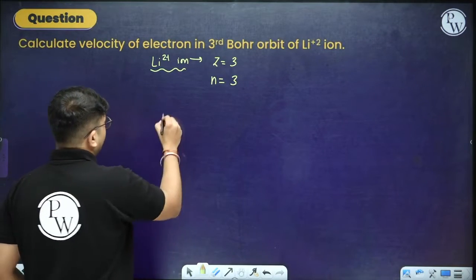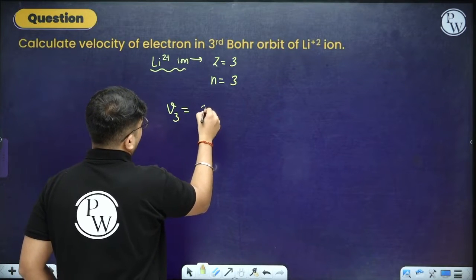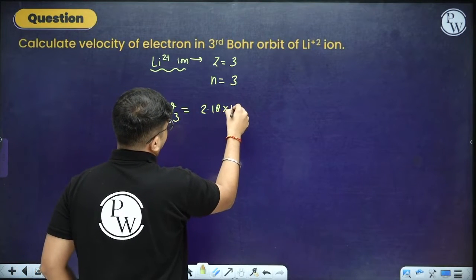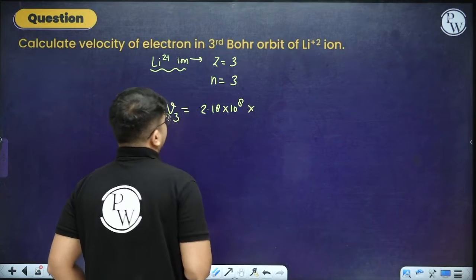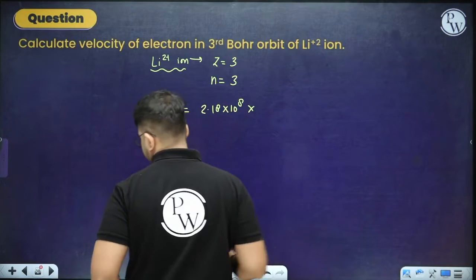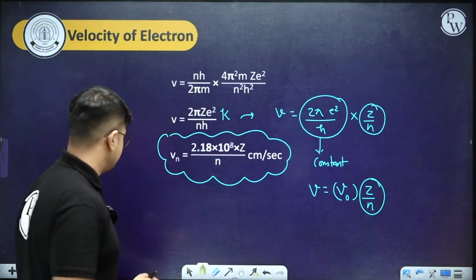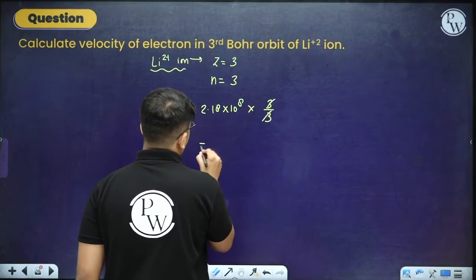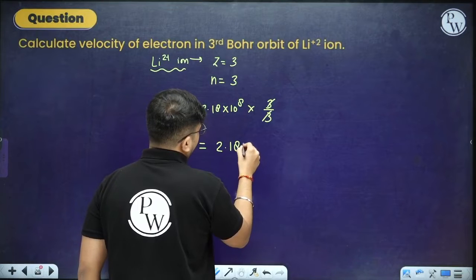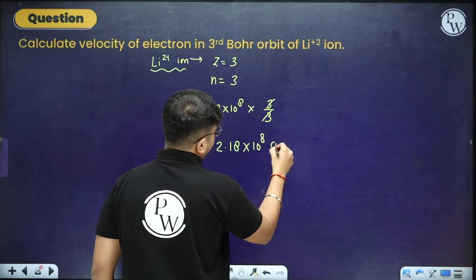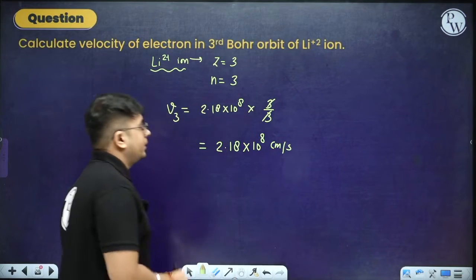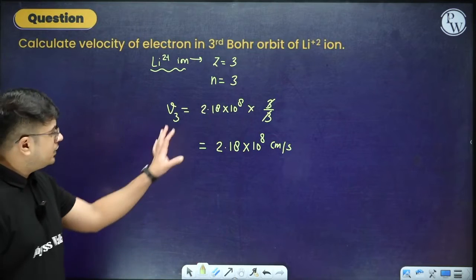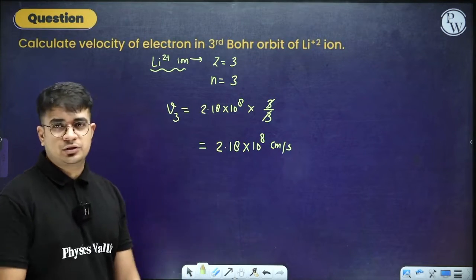So the value of v3 will be equal to 2.18 multiplied by 10 raised to the power 8 multiplied by Z by n. That will be 3 divided by 3, which cancels out. That will be only 2.18 multiplied by 10 raised to the power 8 centimeter per second. I hope this part is clear. Very simple question, a basic question I can say.